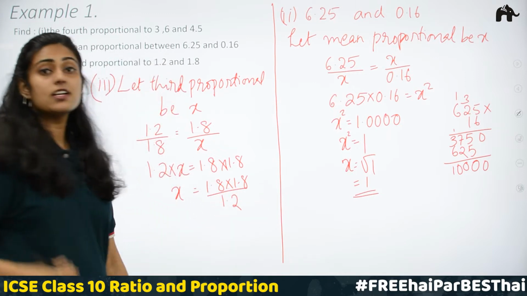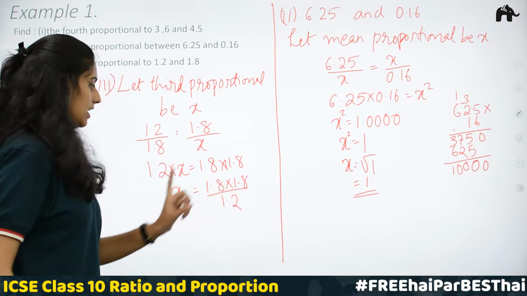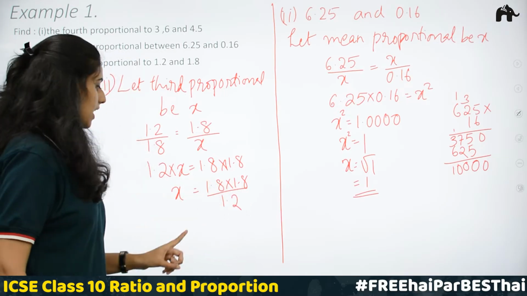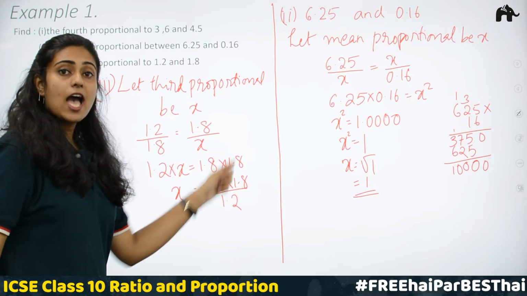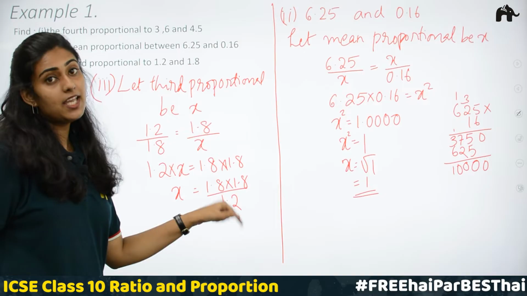Now, we need to remove the decimal. To remove the decimal, I can multiply by 10. Here again, I can multiply by 10. In the numerator, I am multiplying by 100. Therefore, in the denominator also I should multiply by 100.